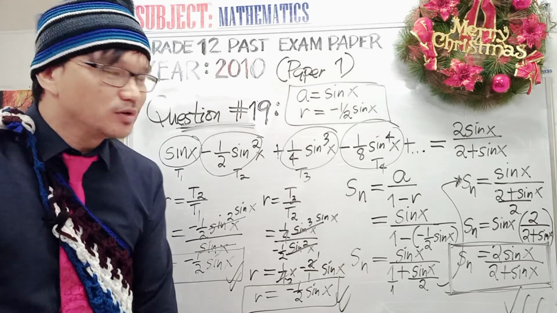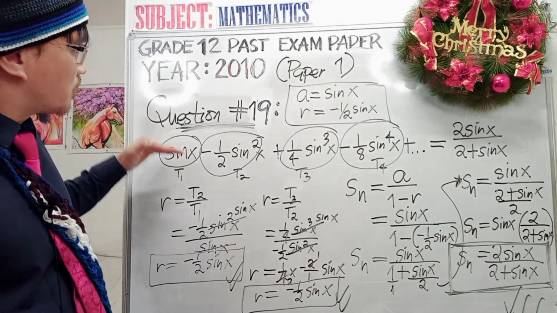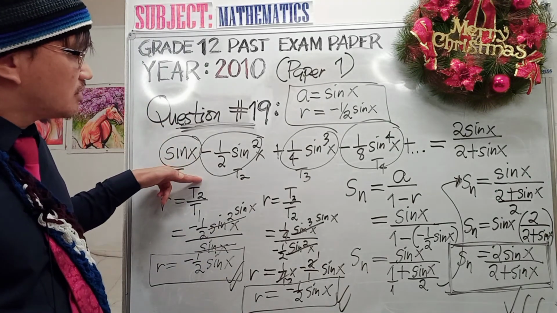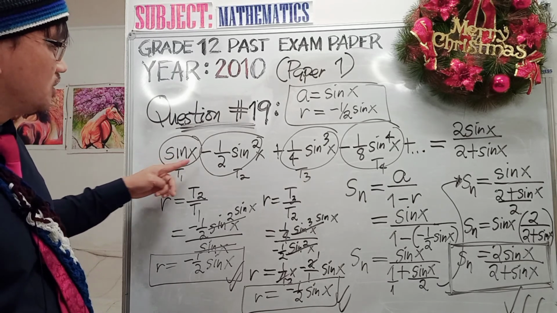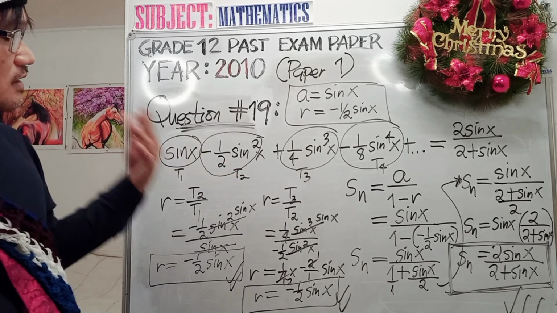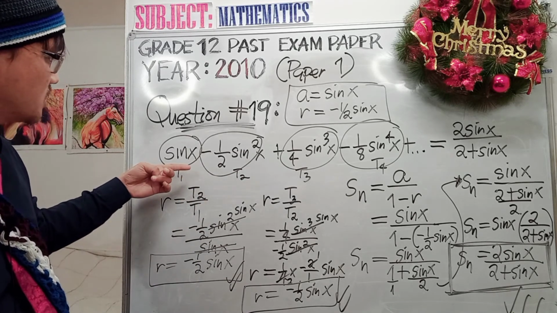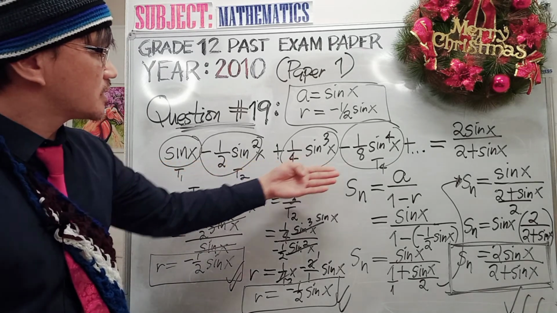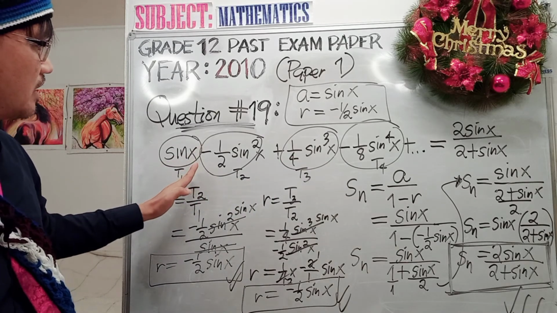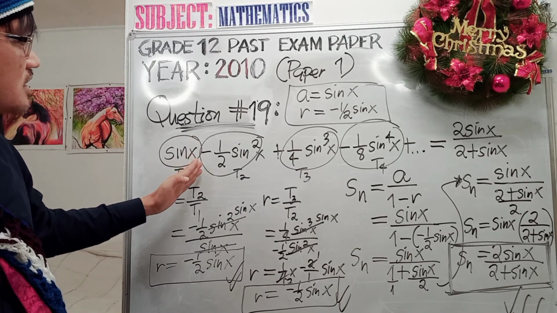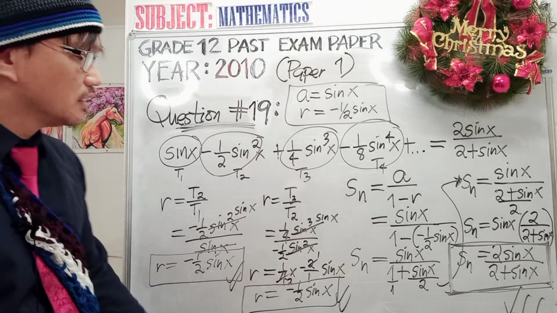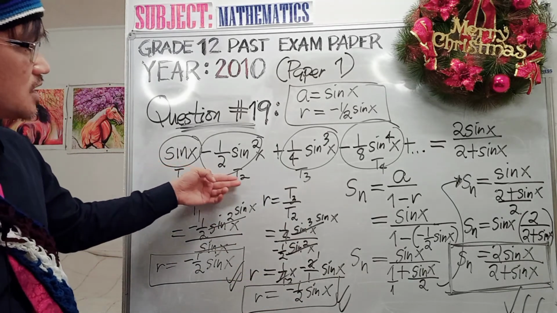And I wish you, again, for question number 19, when it comes to this kind of question, you don't have to panic because sometimes you students will find it challenging when you encounter this kind of expression, sine x. But by looking at it, it's just actually a series, okay? A geometric series.